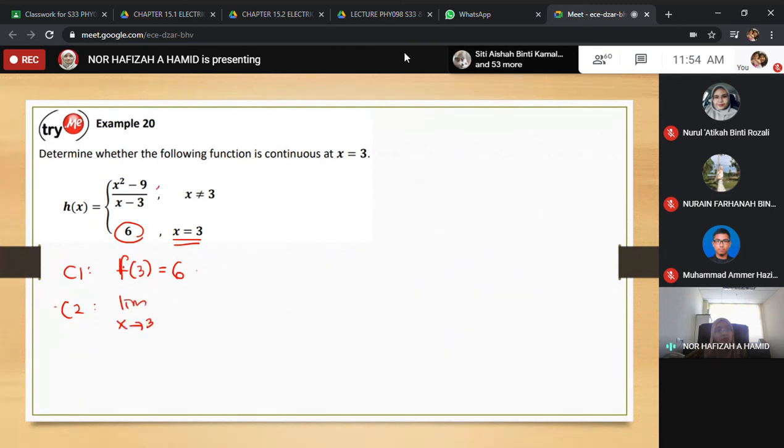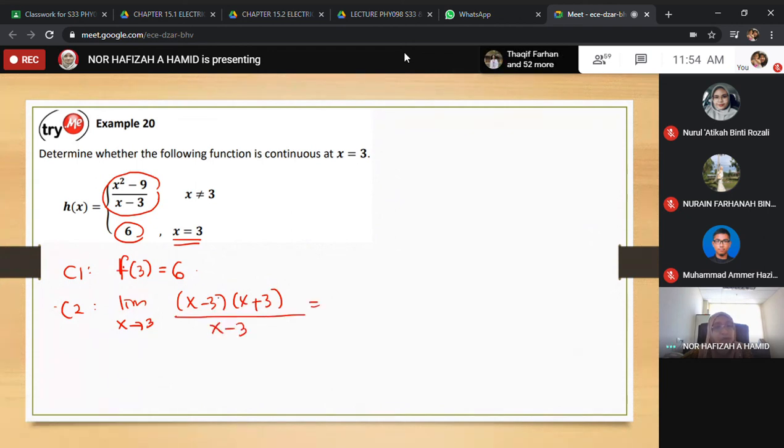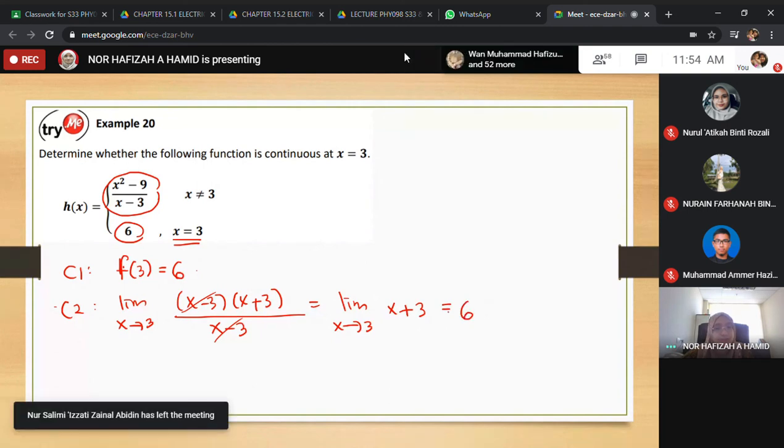So you choose function yang atas. Ni pun sama, you dapat 0/0, so you kena factor nanti. X minus 3, x plus 3, so over x minus 3. So you cancel, dapat x plus 3. So equal to 6. Okay, and last condition 3.